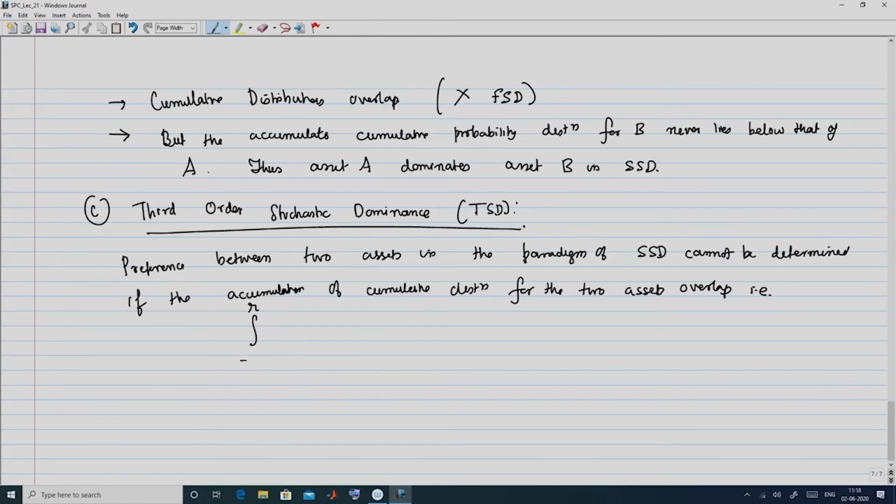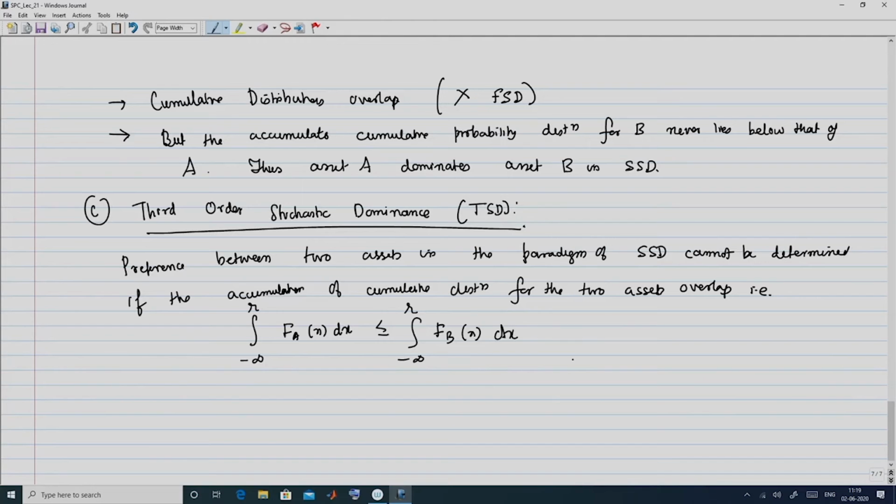So, earlier for second order stochastic dominance, we had this criteria that the integral from minus infinity to r of f A of x dx, that means the accumulated cumulative distribution in case of the asset A, is less than or equal to that of asset B for all possible values of r.